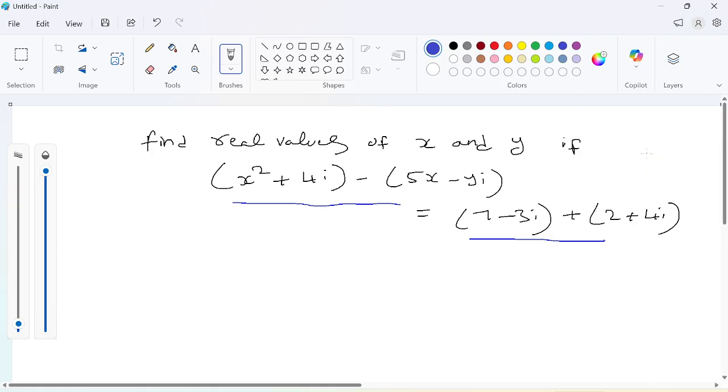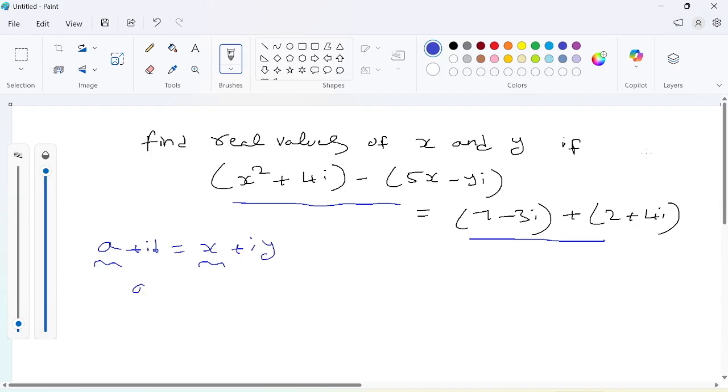Before solving this, I want to tell one simple piece of theory. Suppose two complex numbers are equal, like a plus ib is equal to x plus iy. That means the real part of the left hand complex number equals the real part of the right hand complex number.